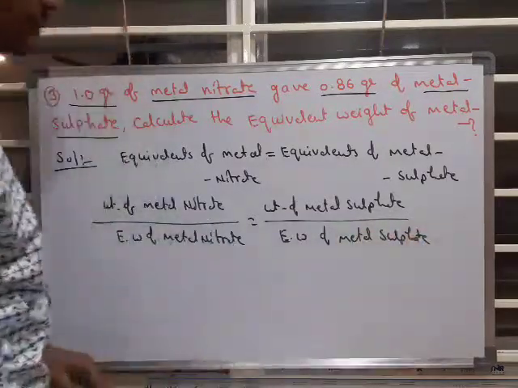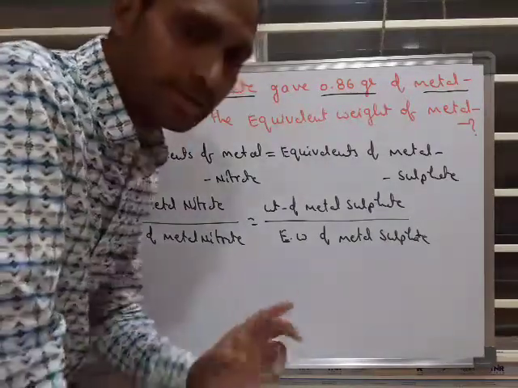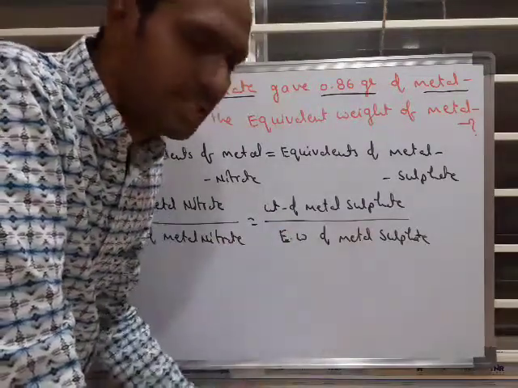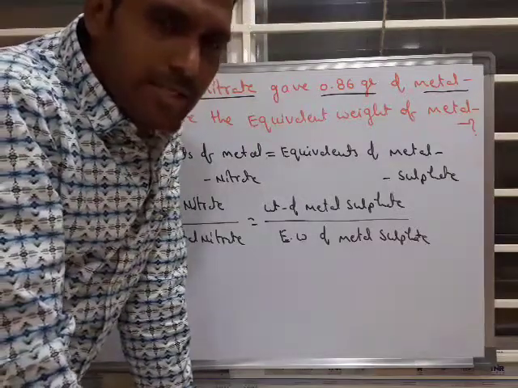Actually we don't know the metal, but we do know the nitrate. Nitrate is fixed: NO3 minus is nitrate, and SO4 minus 2 is sulfate.